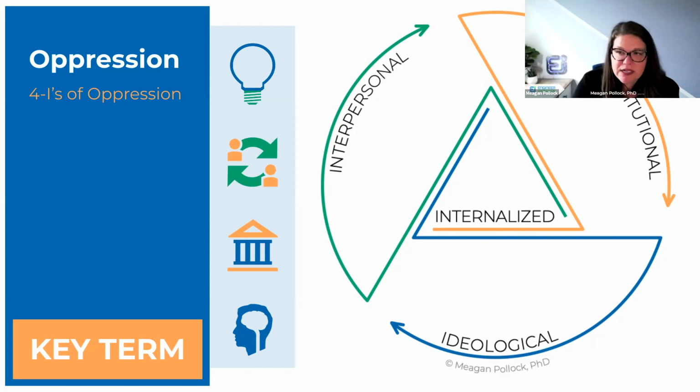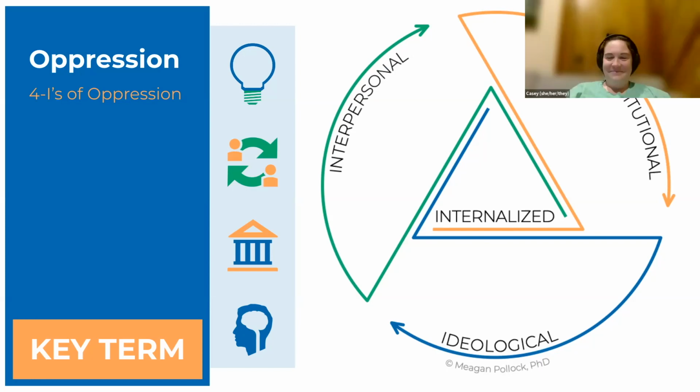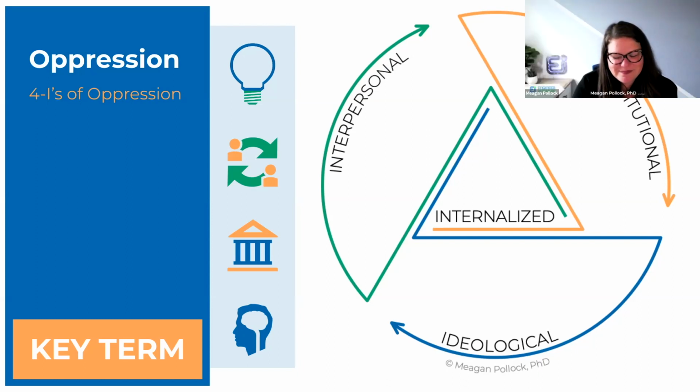And so oppression is the combination of prejudice and power that then creates a system that discriminates against some groups and benefits other groups. So examples of these systems are all the isms: sexism, racism, heterosexism, ableism, classism, ageism, anti-Semitism, all the isms. And there are some systems that don't have ism words.